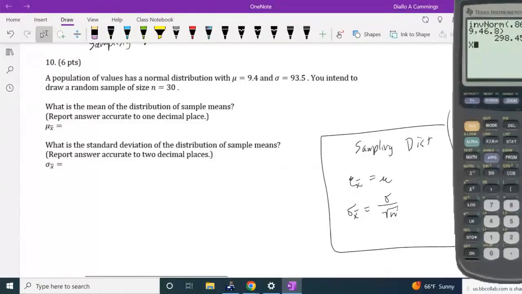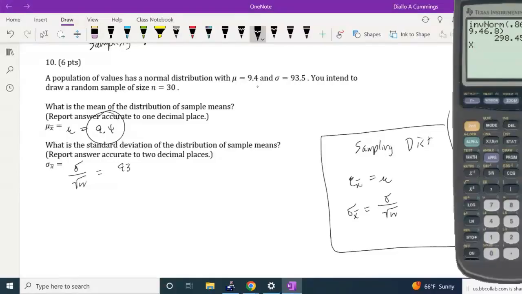So I'm just going to use these formulas. The mean of the sampling distribution should equal the mean of your standard distribution, so that should equal 9.4. The standard deviation of your sampling distribution is equal to the standard deviation divided by the square root of your sample size.